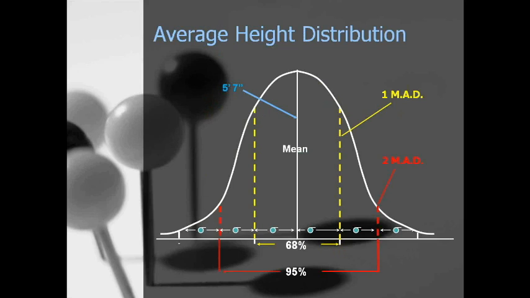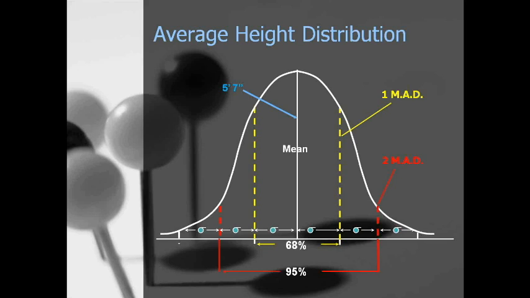In a standard group of individuals composed of men and women, the average height is going to be around 5'6" or 5'7".